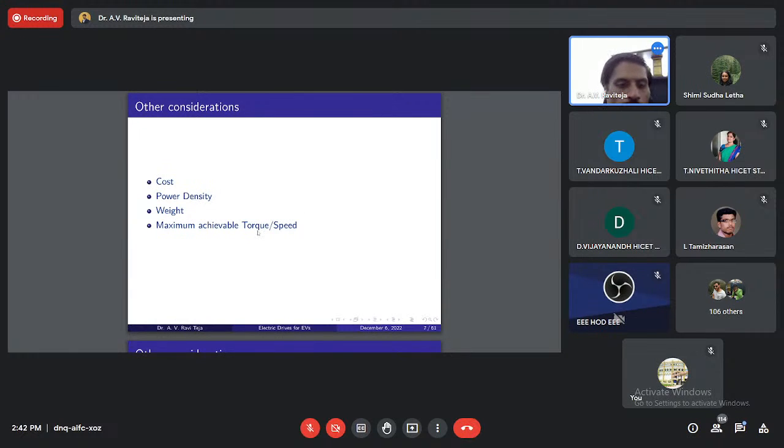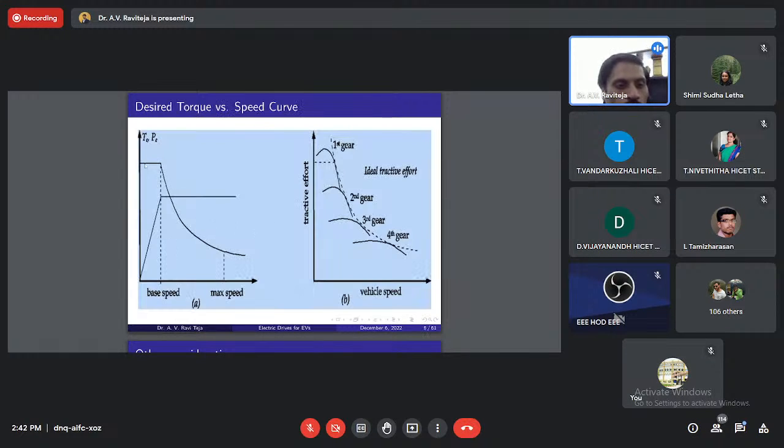Not only that, as I have mentioned, you have to forcefully make the vehicle follow this torque speed characteristic. So initially you need a high torque. If the motor itself can deliver this high torque, I can eliminate the gearbox. If I eliminate the gearbox, the advantage I get is higher efficiency, because the gearbox also has some power loss. You will have to put in more effort or more power to get the same power output from the vehicle.